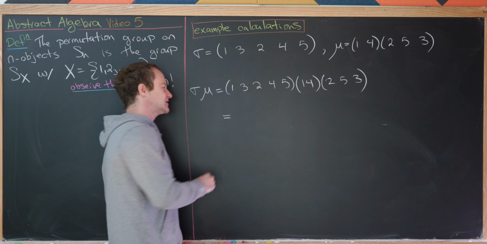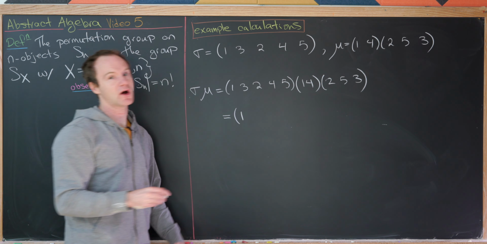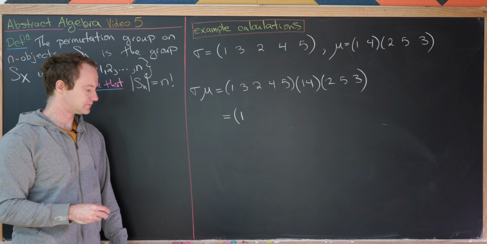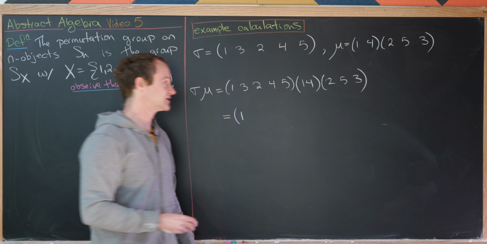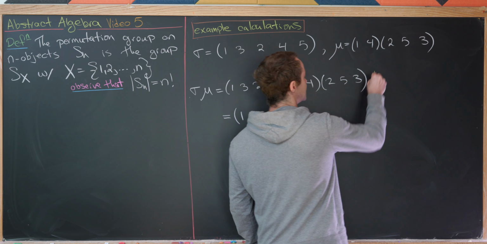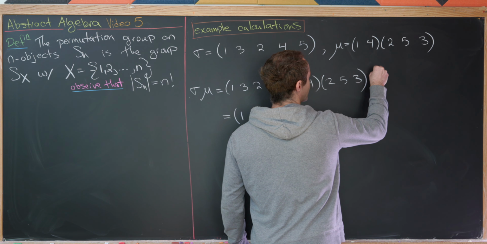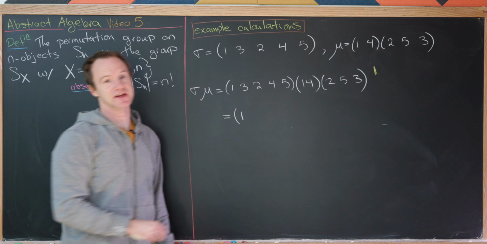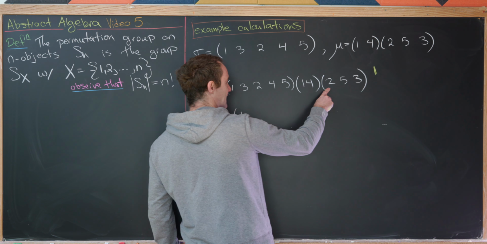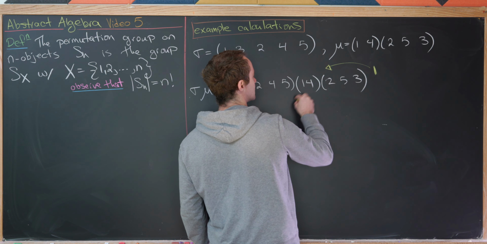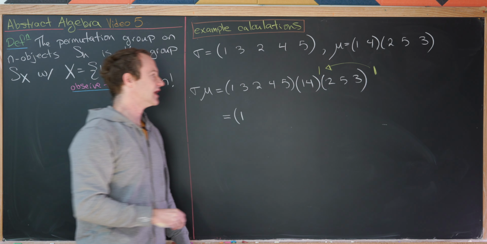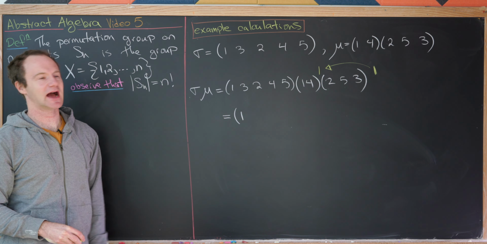Okay, so let's start with the number 1. We always really want to start with the number 1. Now let's recall that these are functions, so we want to think about sending the number 1 through these permutations. As 1 passes through the cycle 2, 3, 5, it doesn't change, because 2, 3, 5 is not acting on 1.